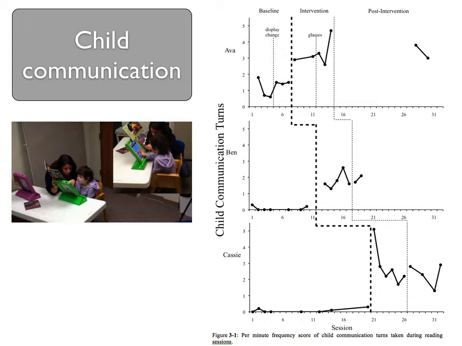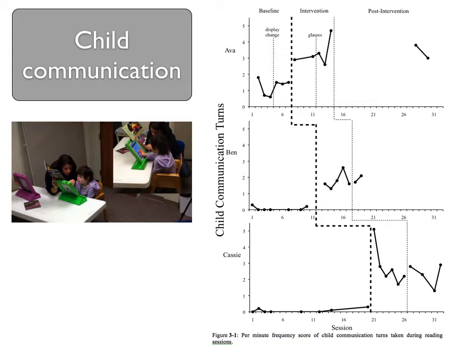So let's just run through Ben and Cassie in the same way. If we look at Ben and Cassie and we talk about level, we see both Ben and Cassie have very low and stable baselines. They're just hovering at basically 1 turn per session, and then it equals out to just like a 0.1 per minute frequency score.